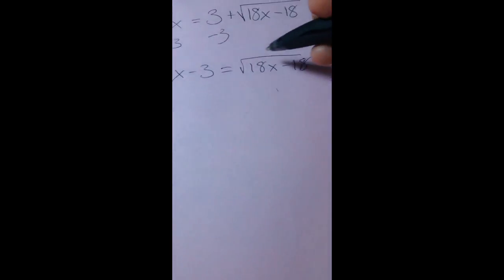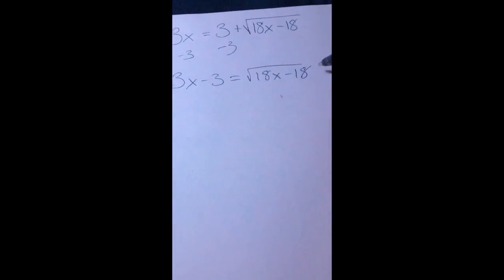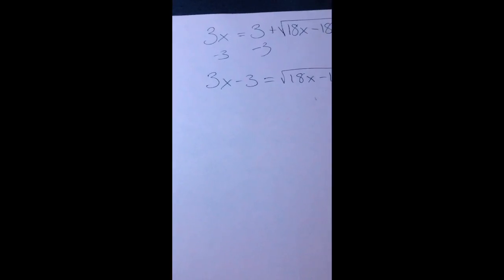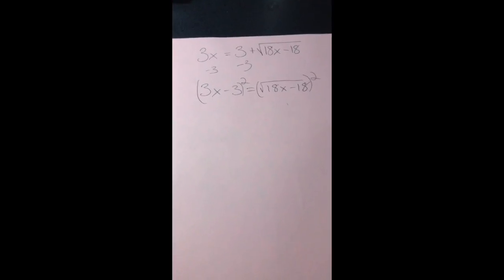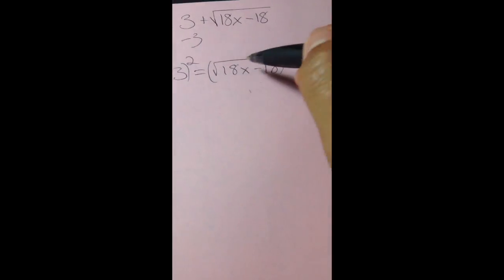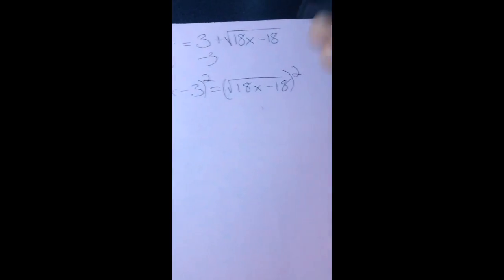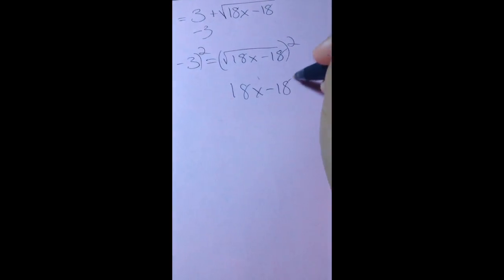The next step is to get rid of the radical. So what we're going to do is the opposite operation, the inverse operation. The opposite of this would be to square both sides, because what we do on one side, we do to the other. On this side it's simple: you take out the radical, and it leaves you with 18x minus 18.